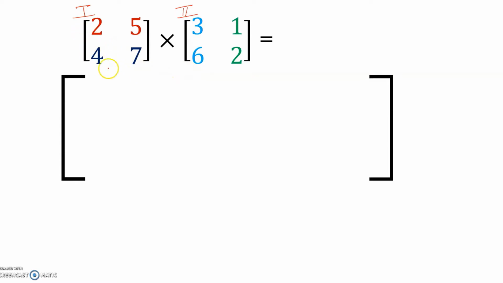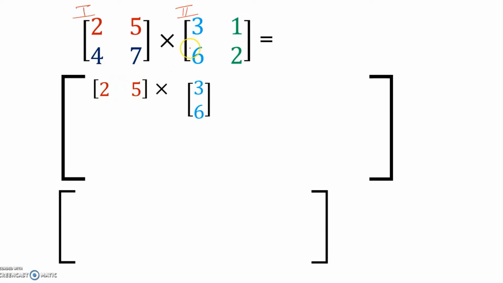So this is our solution matrix. Let's take the first row and bring it down here. So we have our first row, 2 and 5. Great. Now let's bring the first column from the second matrix. So that's our first column here.